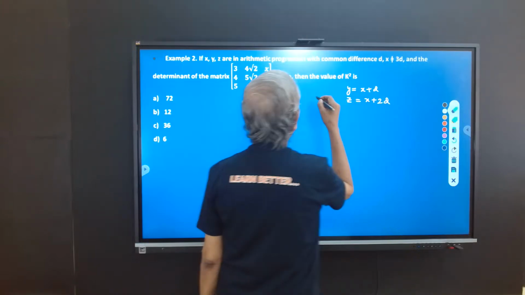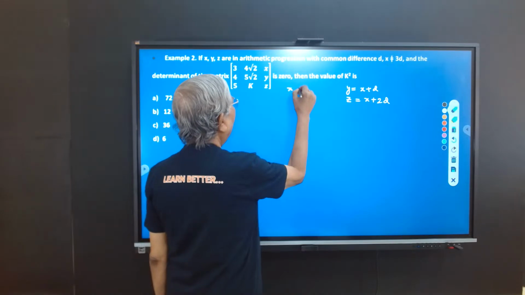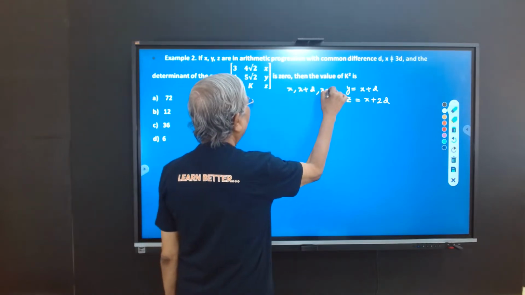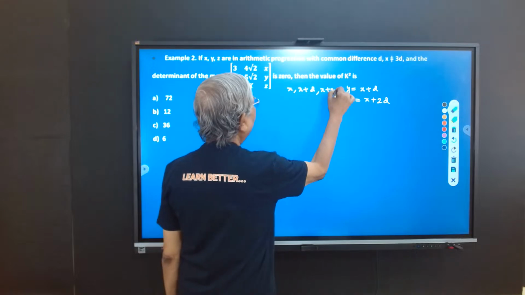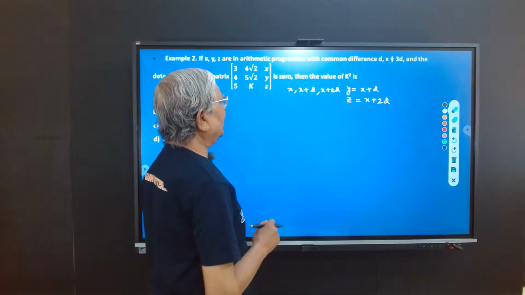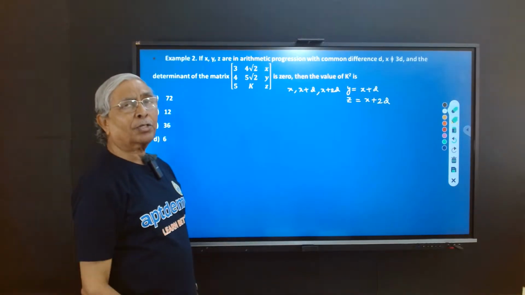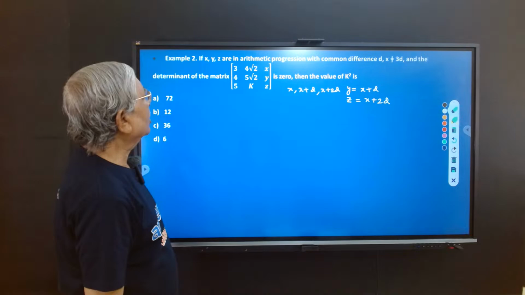That is x, x plus d, x plus 2d. Therefore, you can write y is equal to x plus d and z equal to x plus 2d.